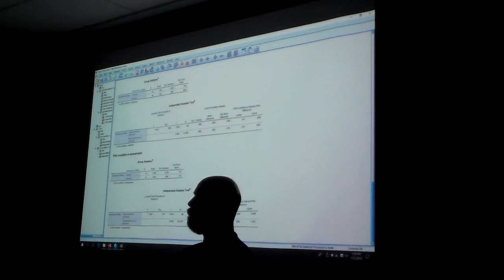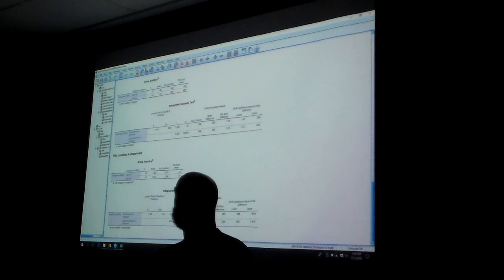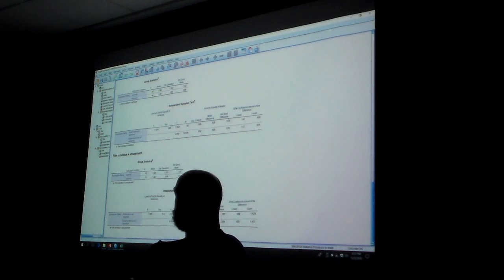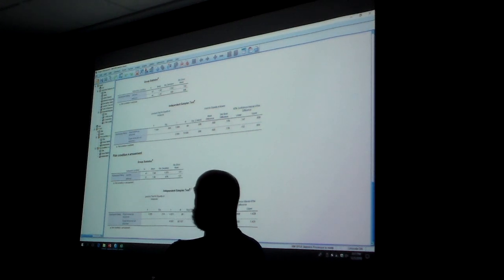Assuming equal variances. Okay. Do I assume equal variances in this? Why not? Because we have different sample sizes. Okay, sample size doesn't necessarily impact variance.